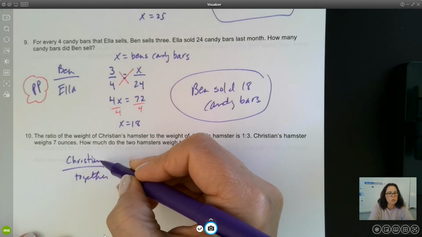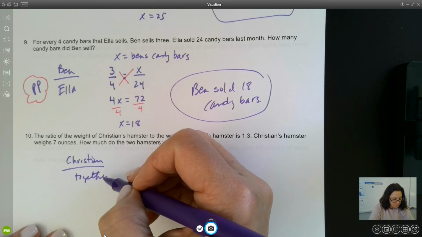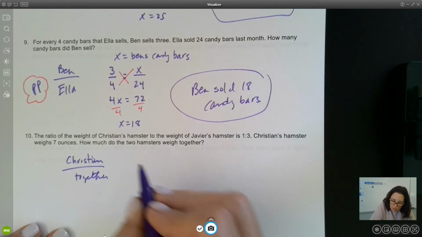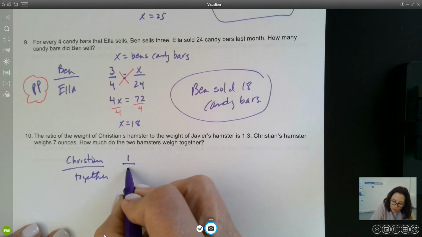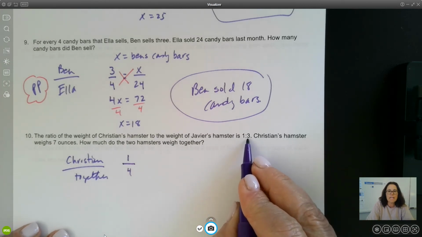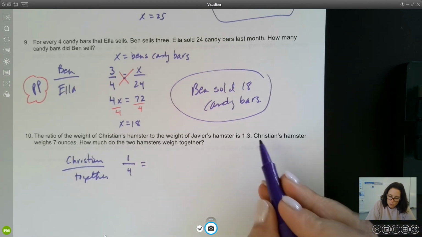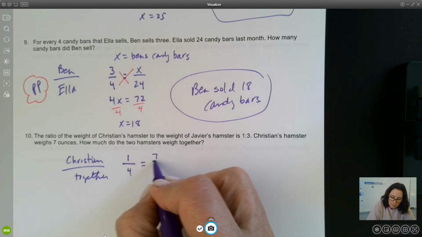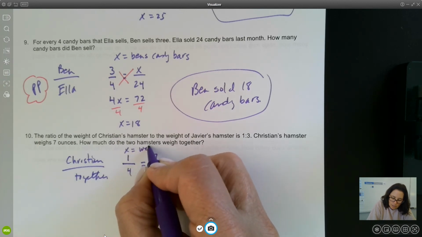So this is the weight of Christian's hamster over the weight of them together. All right, so Christian's is 1 ounce to 4 total ounces if we add these together. And then Christian's is 7. We don't know, so X is weight together.